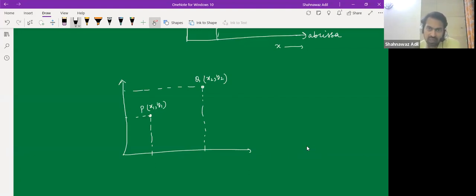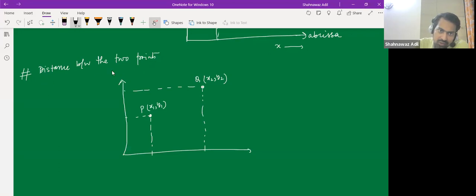So the first exercise is about the distance between the 2 points. The distance between the 2 points would be this one, right? This is PQ, correct?